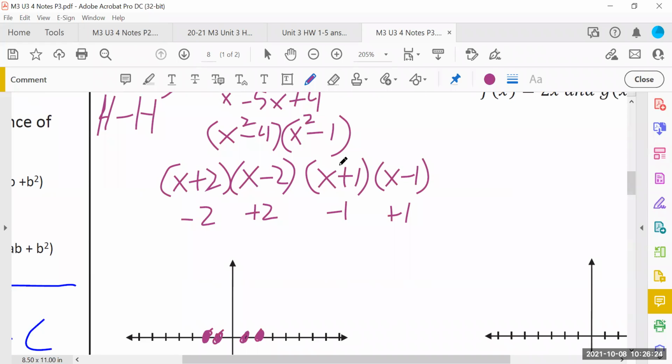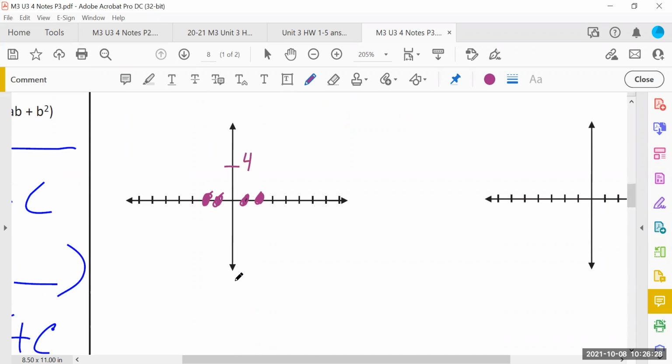So I'm going to come down here, y-intercept at 4, start up high, down, up, down, up. Make sure we hit right at 4 there. It's close. There's our graph. Are we starting to get the feel for this?